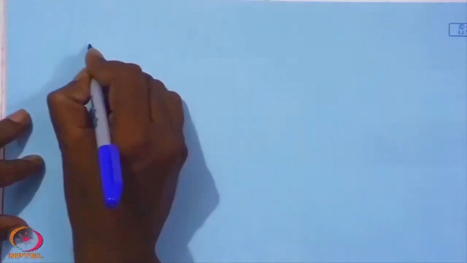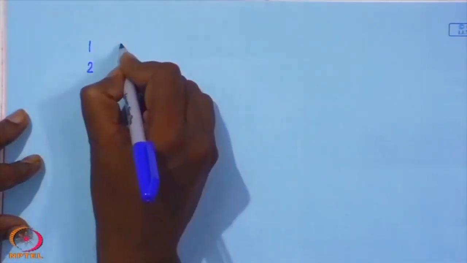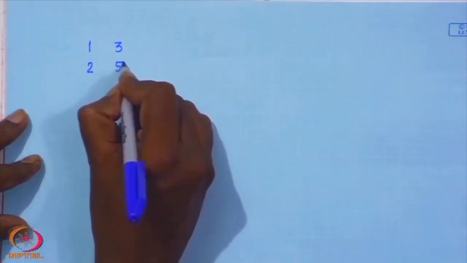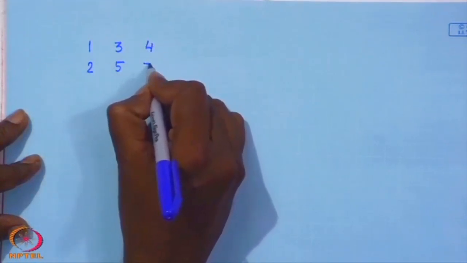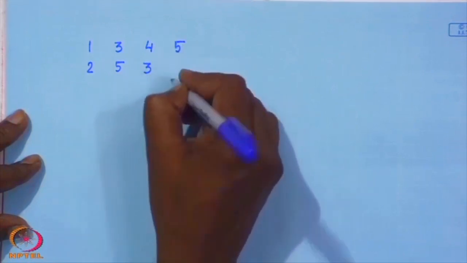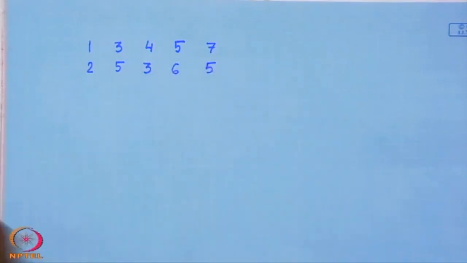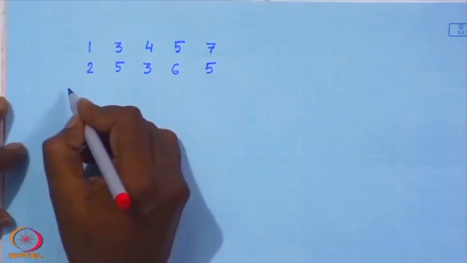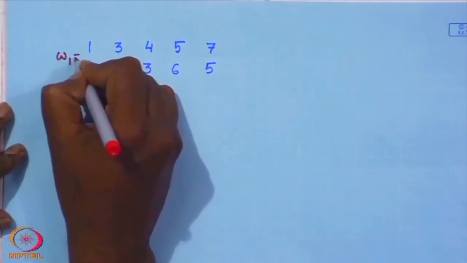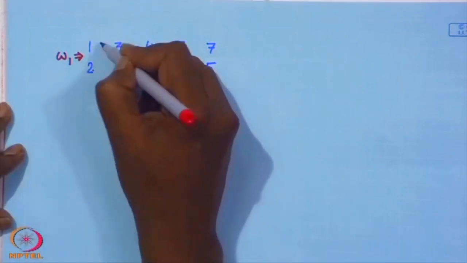So, as we said, we have two sets of two dimensional feature vectors, one set taken from class omega 1, the other set taken from class omega 2. From class omega 1, the feature vectors we have taken are (1, 2), (3, 5), (4, 3), (5, 6), (7, 5). Each of them is a two dimensional vector.